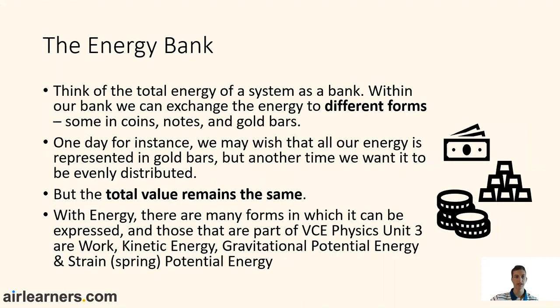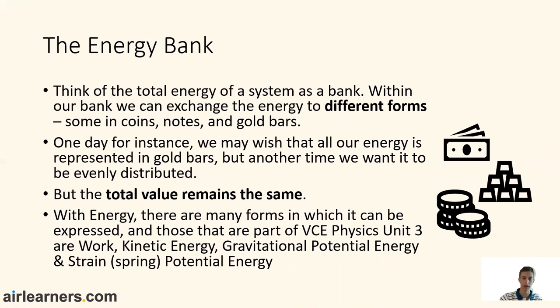So the energy bank. Think of the total energy we have in a system. A system can be a situation, for instance, a car. Consider that as kind of like a bank. And within that bank, we can exchange that energy to different forms. So some are in coins, some are in notes, some are in gold bars.